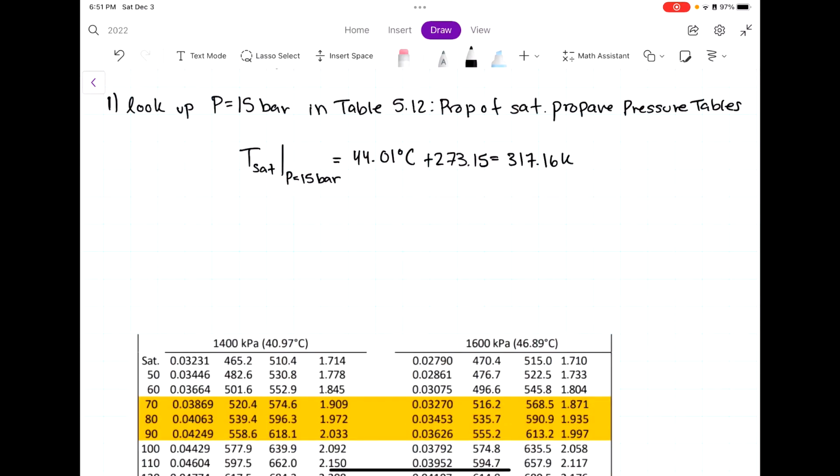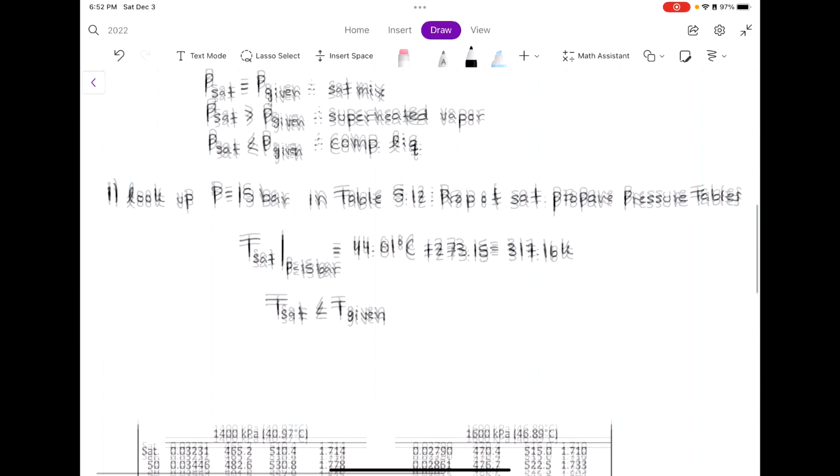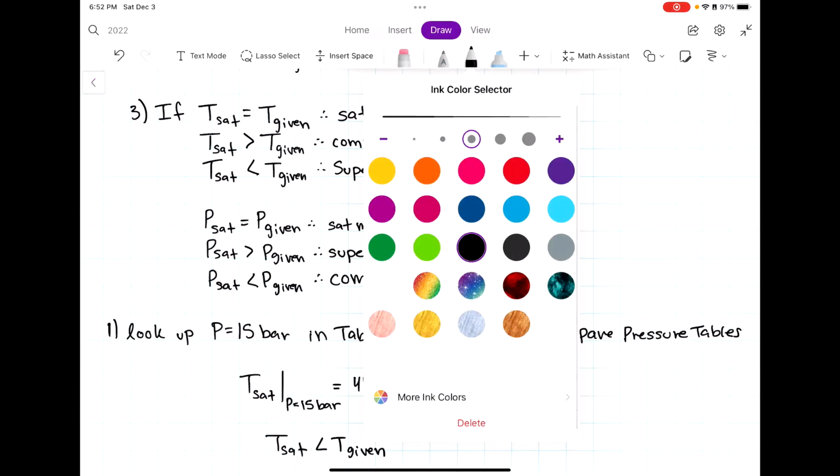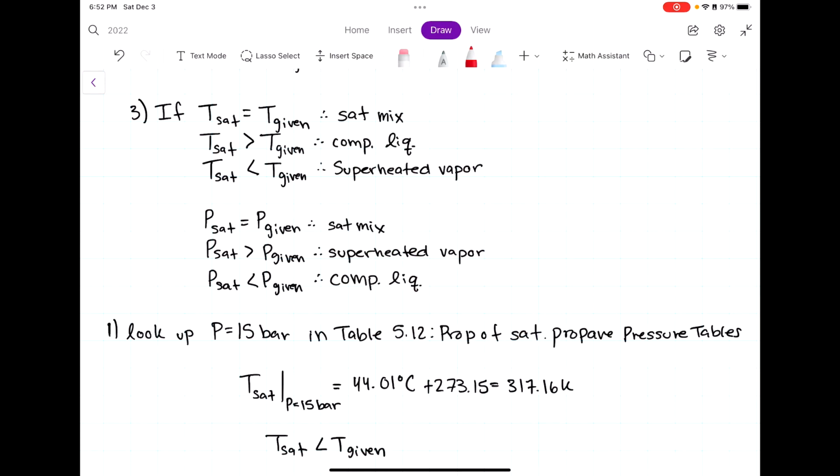So the T saturated is less than the temperature given. And if we look at our cheat sheet, we see that when the saturated temperature is less than the temperature given, it's a superheated vapor.